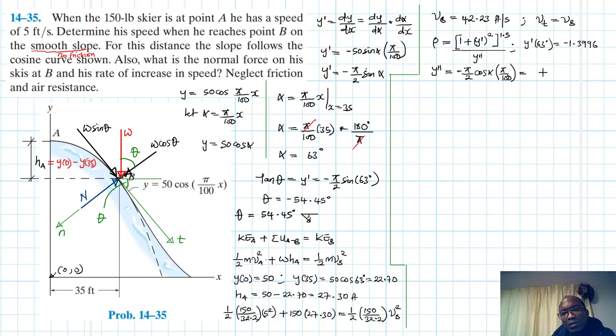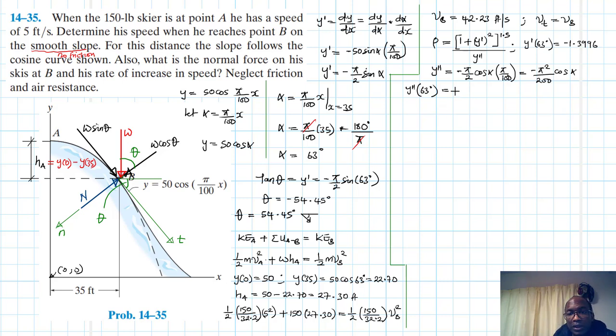So this just becomes minus pi squared divided by 200 cos alpha. Then y double prime at 63 degrees is just going to be equal to minus pi squared divided by 200 times cos 63.